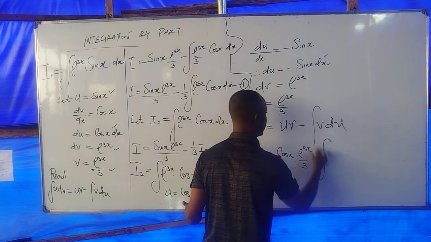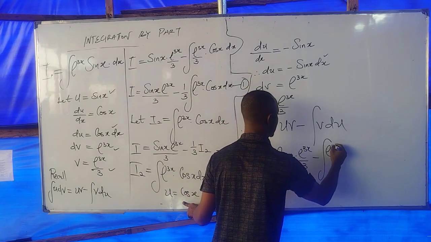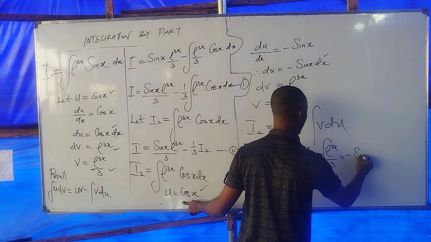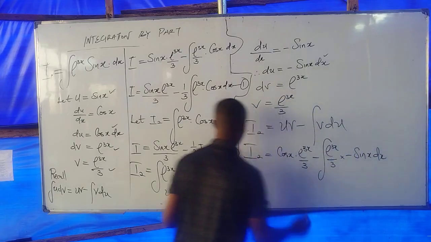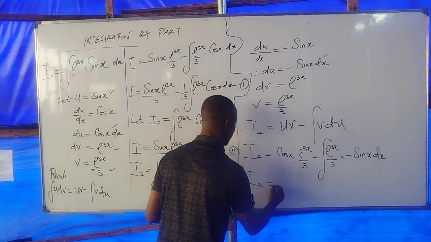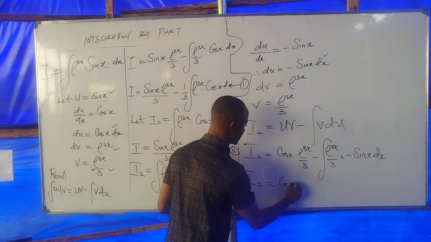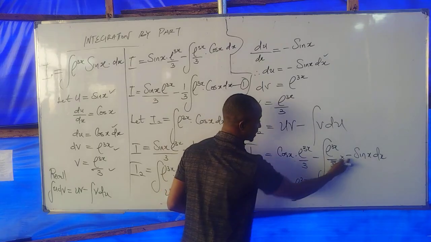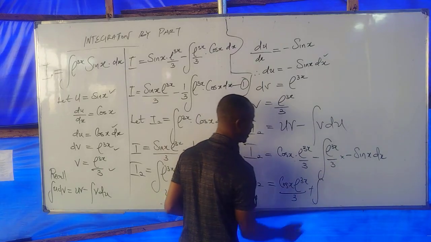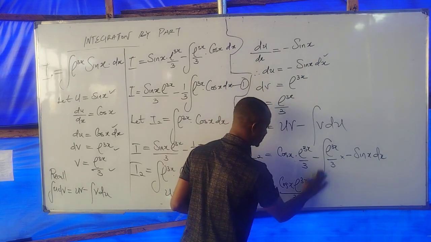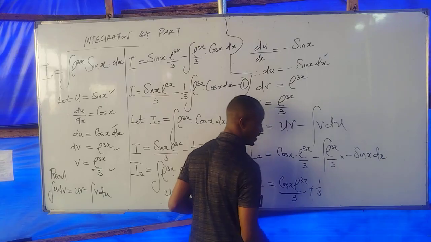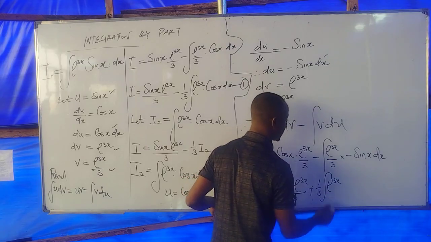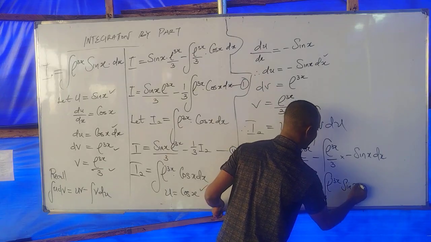Minus integral of v, exponential 3x over 3, times, what's that du? Minus sine x dx. So this will give us I2 equals cos x exponential 3x over 3. Minus times minus is plus, right? Plus integral of, okay, 1 over 3, plus 1 over 3, integral of exponential 3x sine x dx.